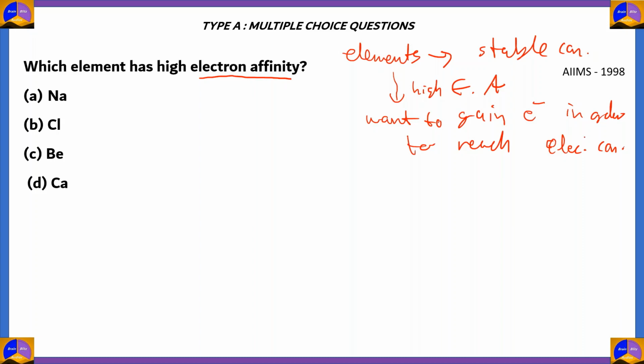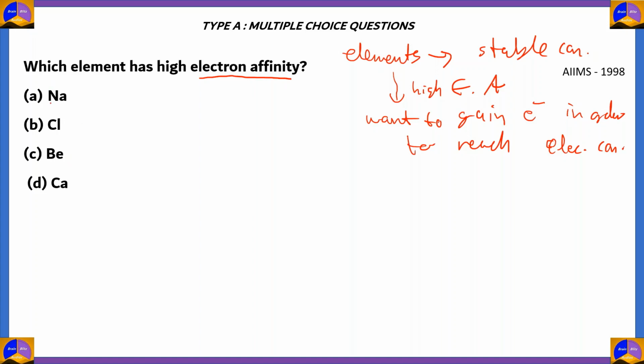So what basically means is that elements which want electrons from other elements are the ones which have high electron affinity, like the elements present in group 15, 16, 17. So it's just enough to look at the group of the given elements.